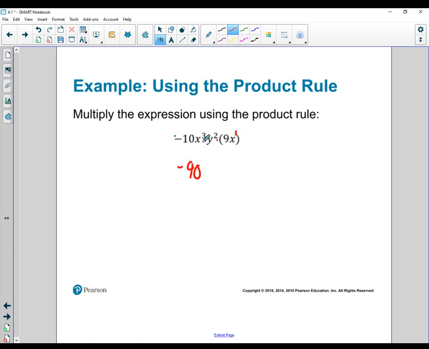There's an invisible 1 there, so x cubed times x to the 1st is going to be x to the 4th. And then we have that y squared. And then that is all that one is. So the important idea there is if it's just x or y, there's an invisible to the 1st, it counts as 1.